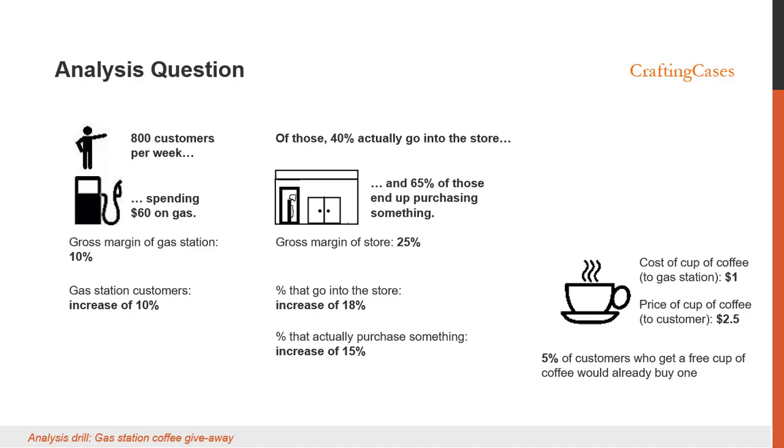Or are they going to increase by 18% in absolute value, so like from 40 to 58%? And the same question goes for the percentage that actually purchase something. Is it going to go to 80%, or is it going to increase by 15% of 65? And the interviewer is going to tell me it's going to increase from 40 to 58 and from 65 to 80. So that's at least simpler.